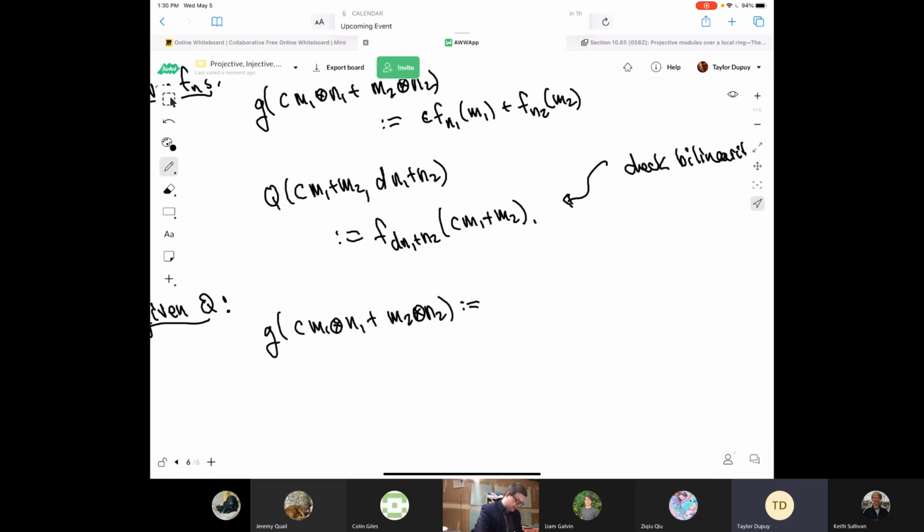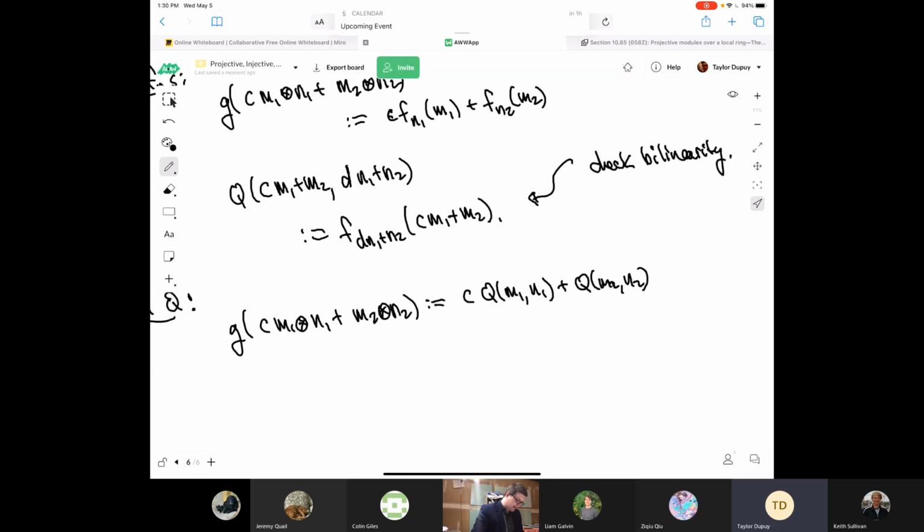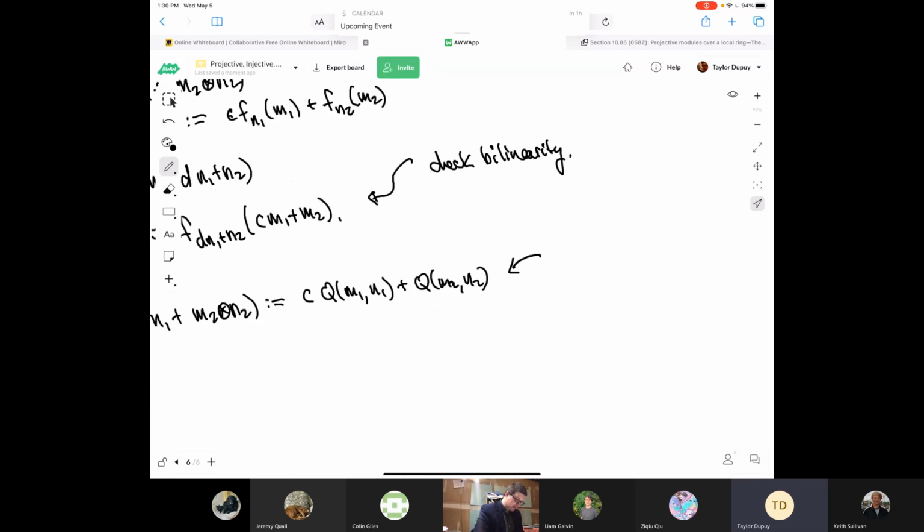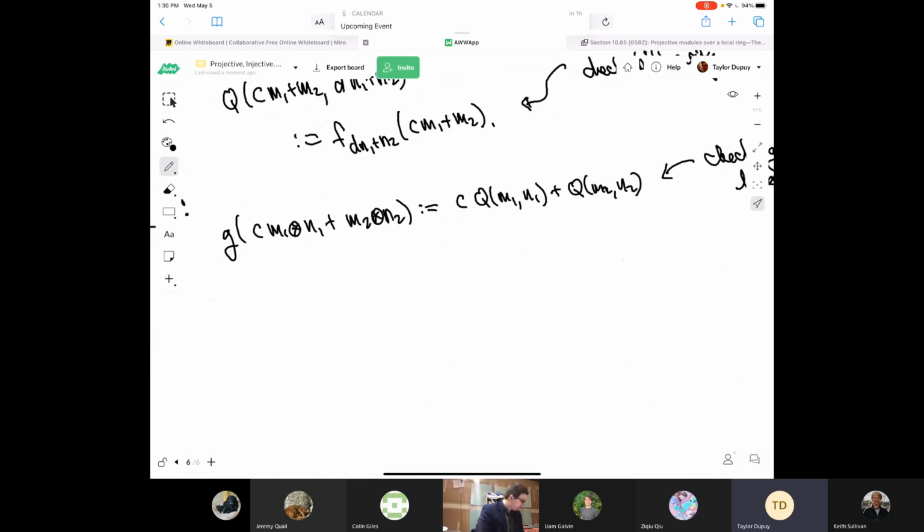And so what we'll do is we just take c of Q of M1 N1 plus Q of M2 N2. Okay, and then you should check that G is a linear map. Okay, and then so it's a map of R modules, and then how do we define F of N of c?